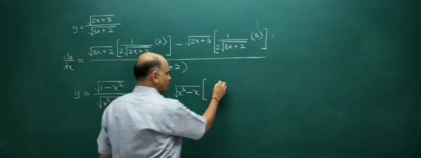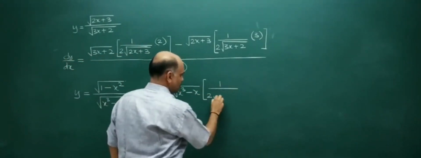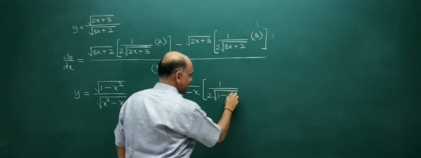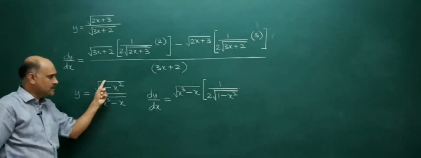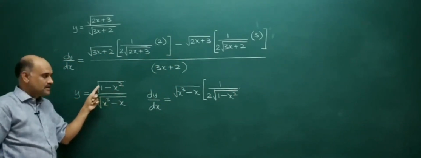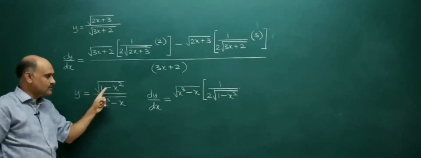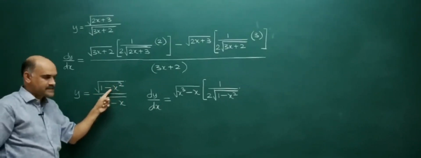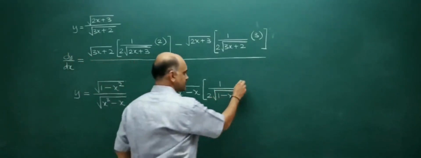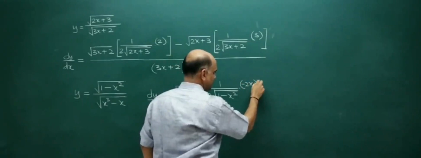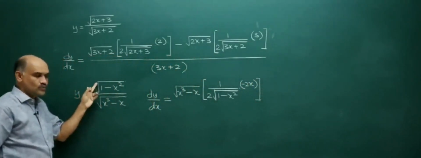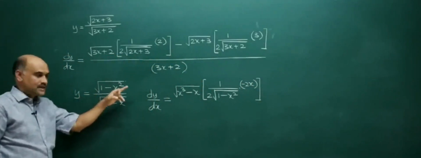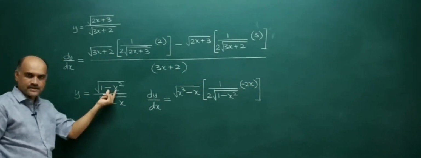So you'll have 1 by 2 root of 1 minus x square into differentiation of the term inside the root. Differentiation of 1 is 0. Differentiation of minus x square is minus 2x. So 1 by 2 root of 1 minus x square into minus 2x.